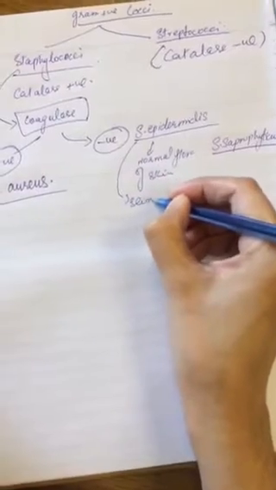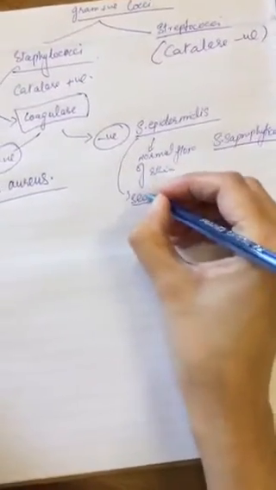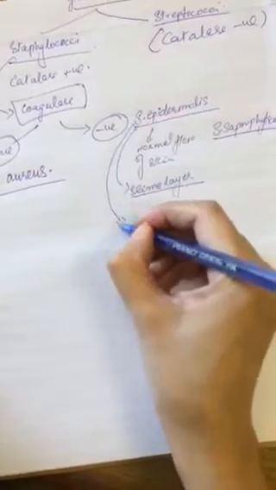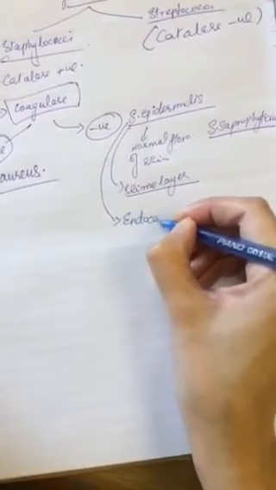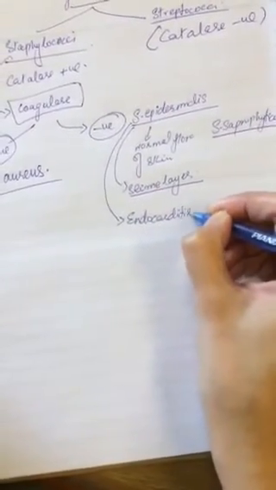The epidermidis is basically the normal flora of skin. It also produces a slime layer which helps it to attach to the prosthesis if there are any prosthesis in the body, and it can cause endocarditis if it enters into the blood.